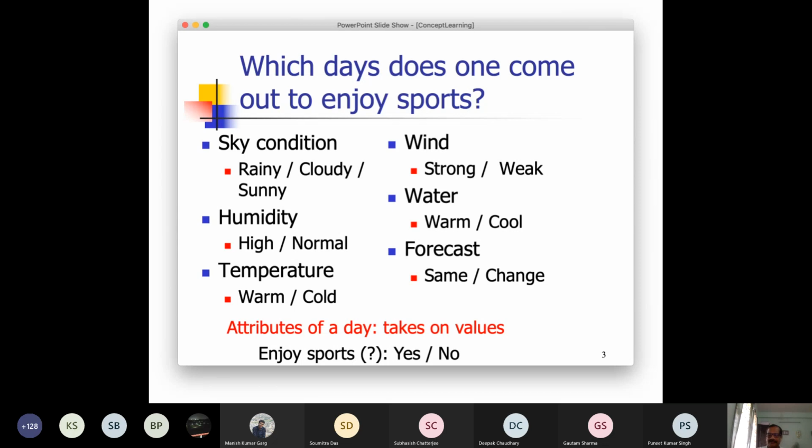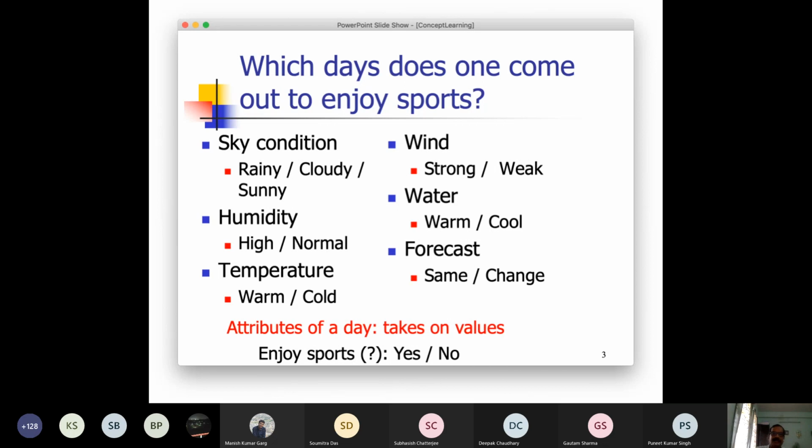So for sky condition, how many literals are possible in the hypothesis space? 5. For humidity, it is 4. Temperature, it is 4. Wind, it is 4. And water, it is 4. And forecast, it is 4. Is it clear? Is there any doubt?